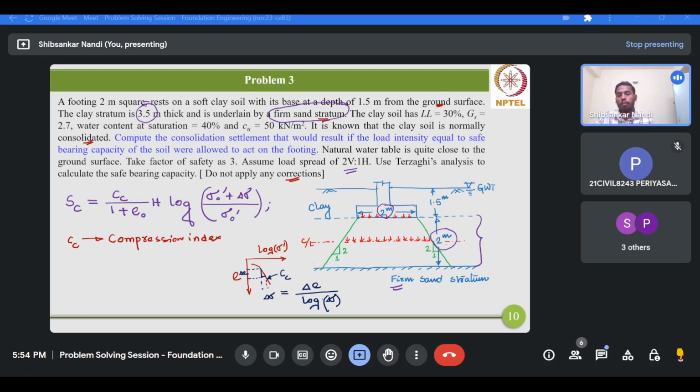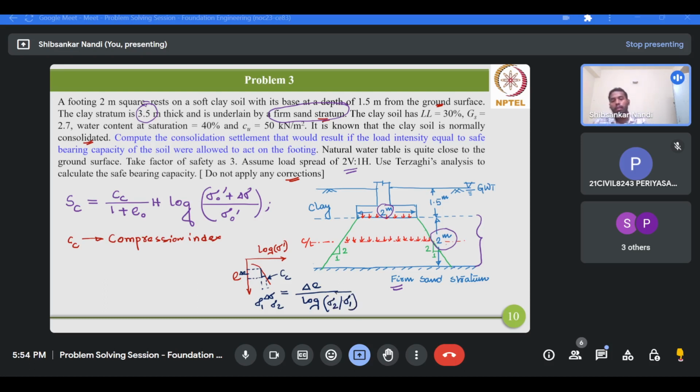So delta e divided by log of, or rather it would not be delta sigma. Suppose this is sigma 1 and this is sigma 2, so it is log of sigma 2 divided by sigma 1.